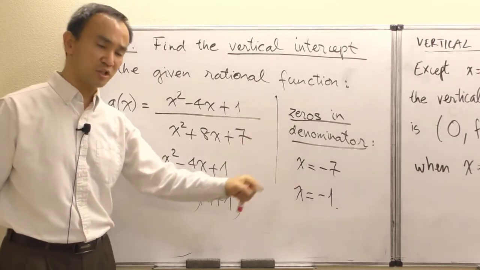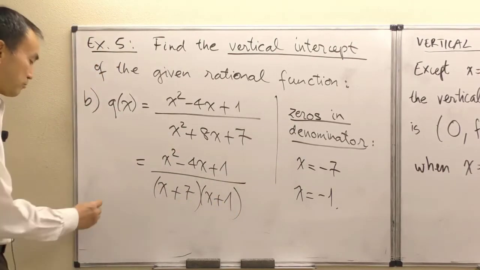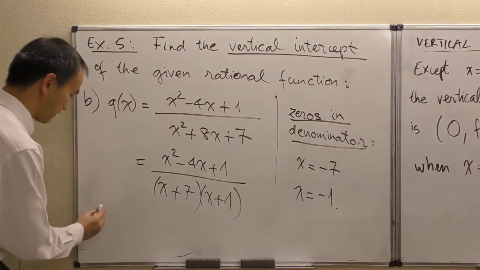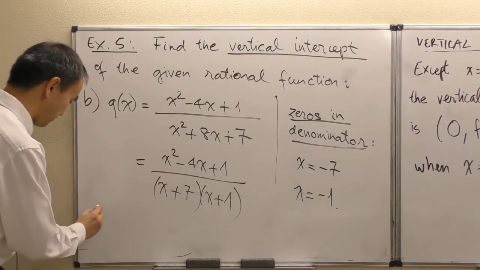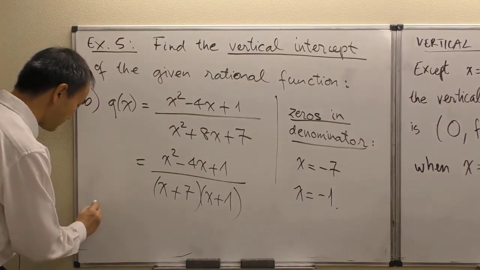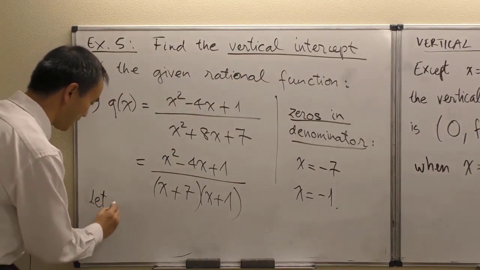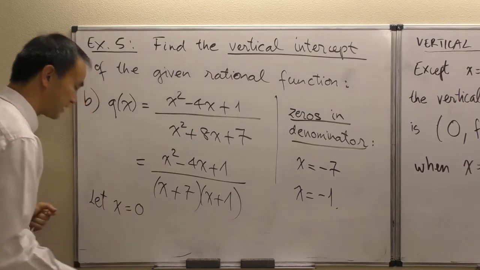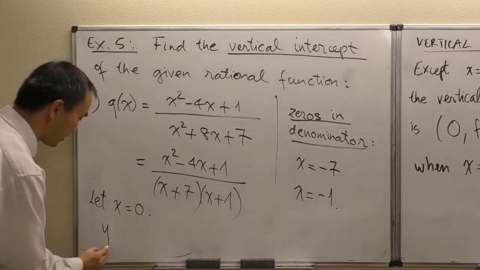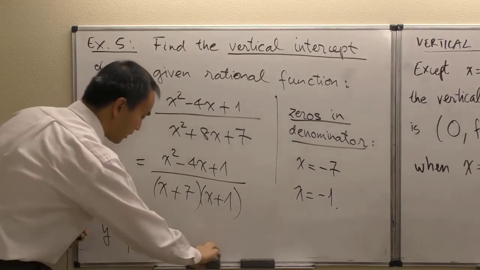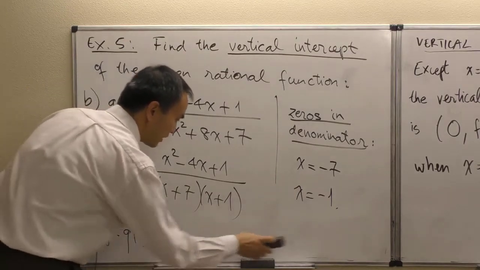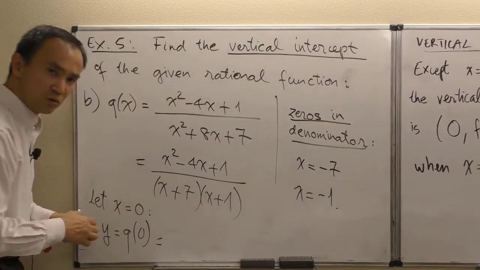So one more time after part A, we are able to find the vertical intercept. We're going to start by letting x equals 0, and then calculate the y value as q of 0. Here, in factor form, it's even easier to do the calculation.